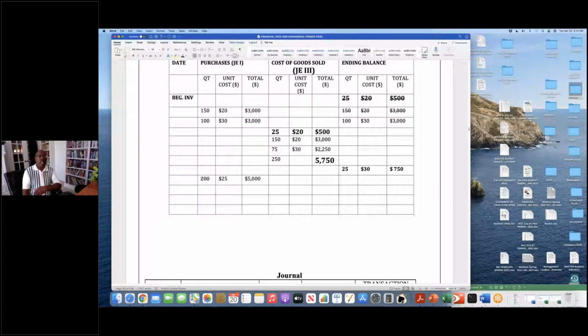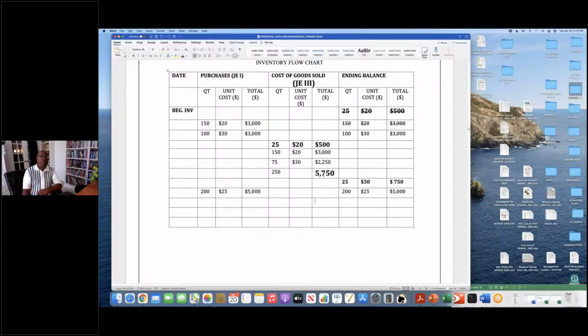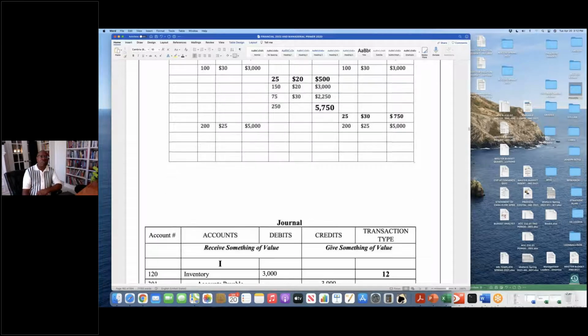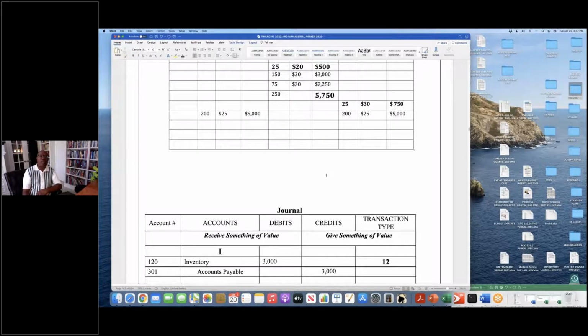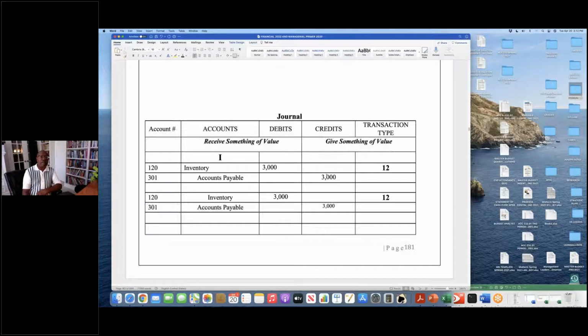And of course, anytime we purchase something, we purchase it to put it in our balance so we can sell it. Now we go up here. So let's record that entry. 5,000.